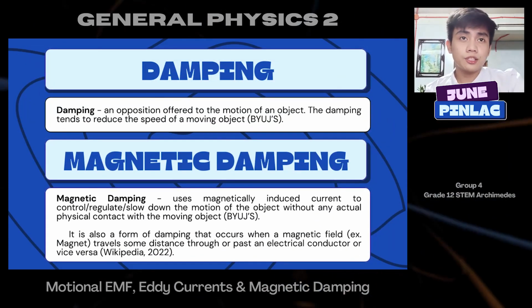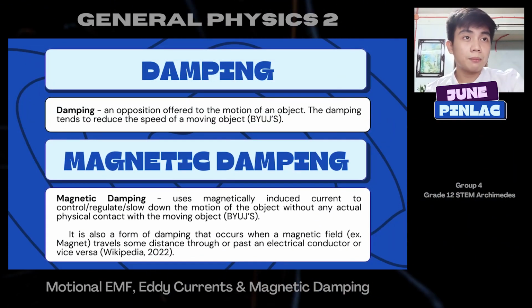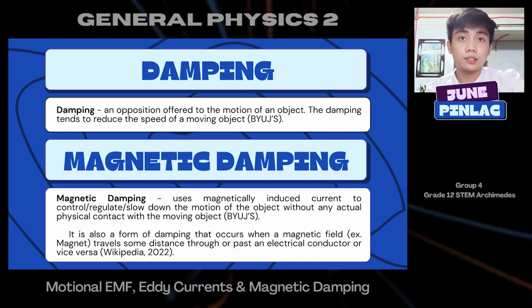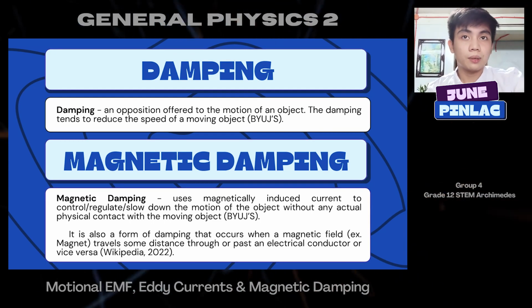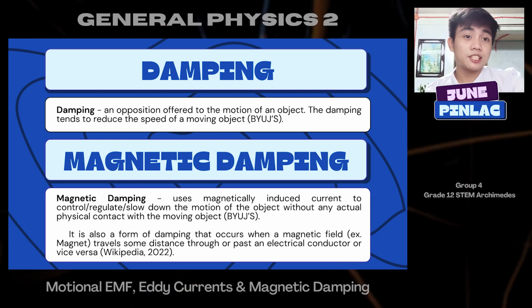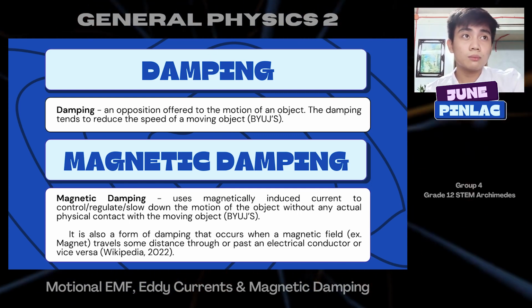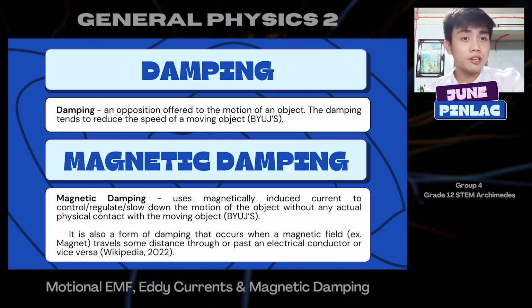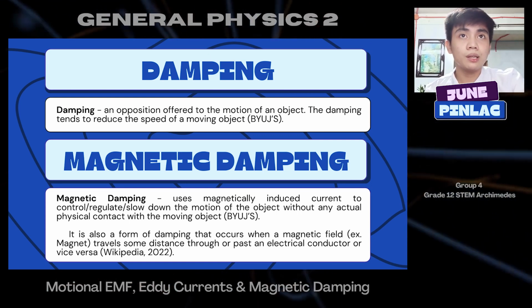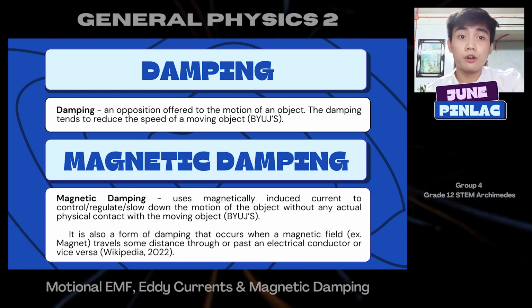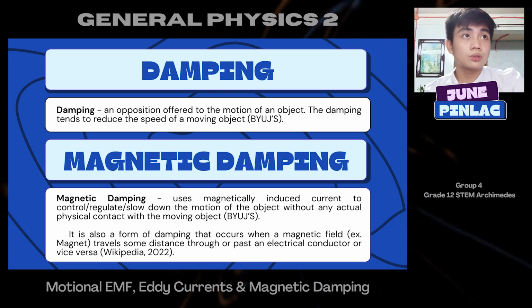A damping force is generated when this eddy current and magnetic field interact with each other. This is called magnetic damping. Ang damping ay gumaganap ng isang mahalagang papel sa pagkontrol sa motion ng isang bagay. According to BYUGAS, damping an opposition over the motion of an object, the damping tends to reduce the speed of moving object.